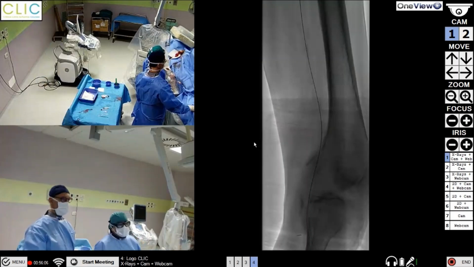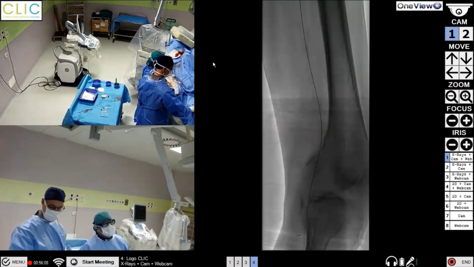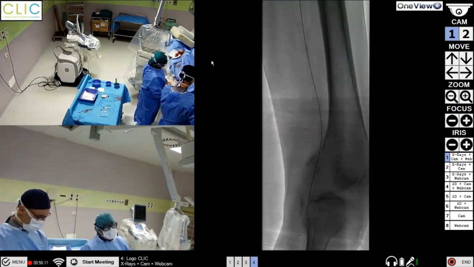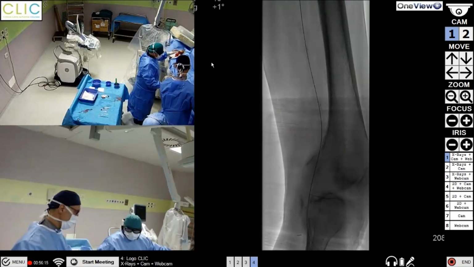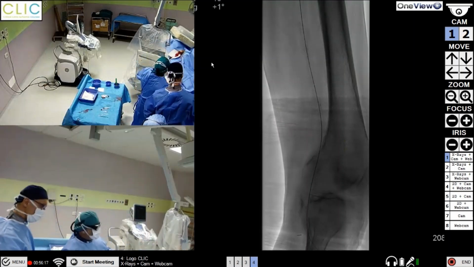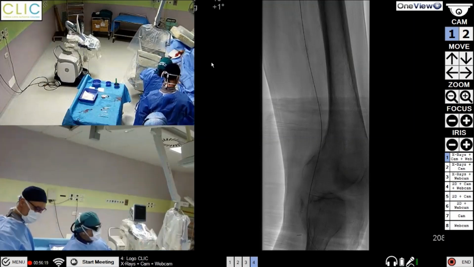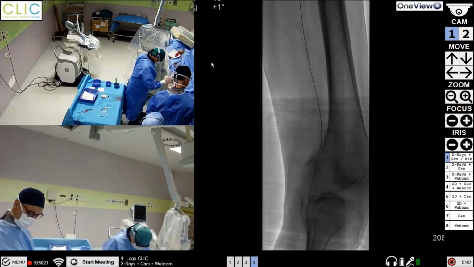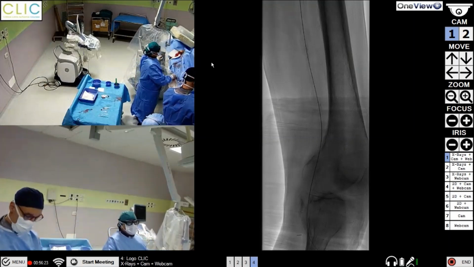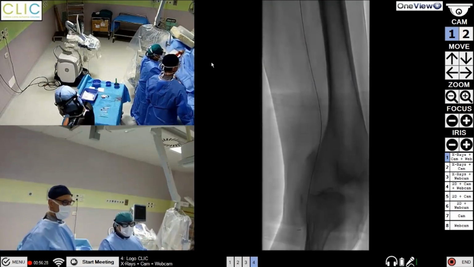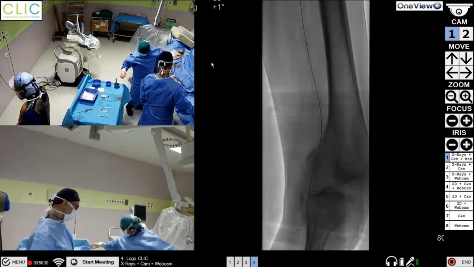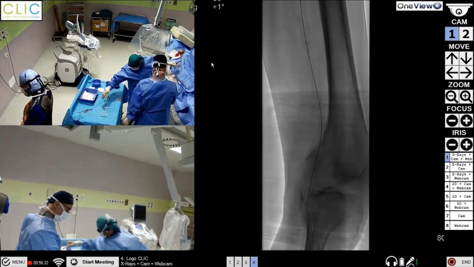Then we decided to increase the size of the vessel with the 5 millimeter. After the 5 millimeter Dorado high-pressure non-compliant balloon, I can show you the acute result in the SFA and popliteal tract. Let me check with the contrast medium.